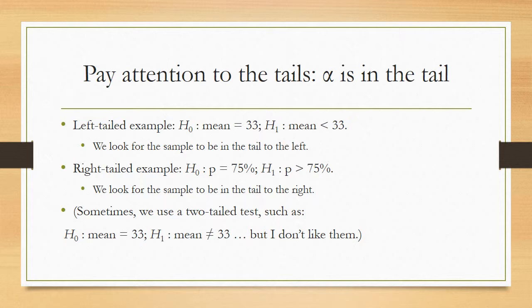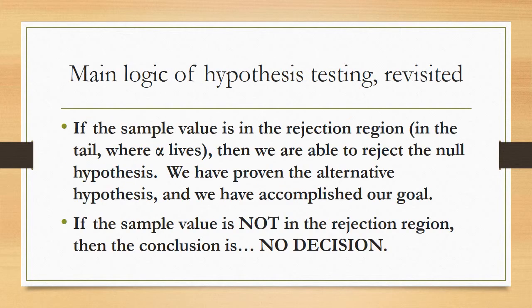If you have the distribution and then you have the tail and it's got an alpha in it, that place out there, that's called the rejection region or the critical region. So this is what we're saying, that if the sample comes out to be in that place out there, in that tail, then we've found the difference. It is significantly different if it's out there in the tail, if it's in that rejection region.